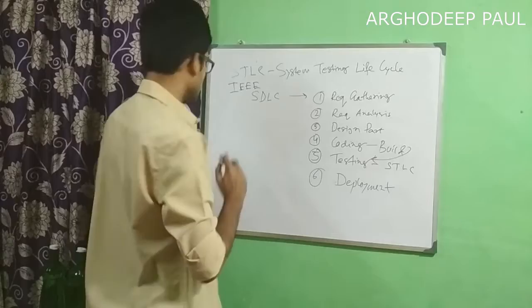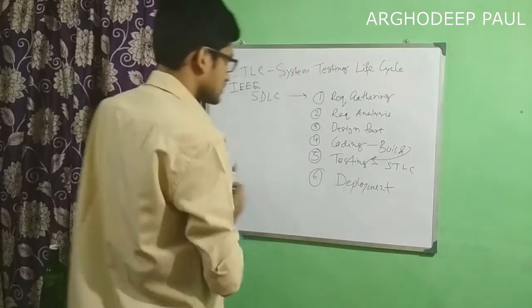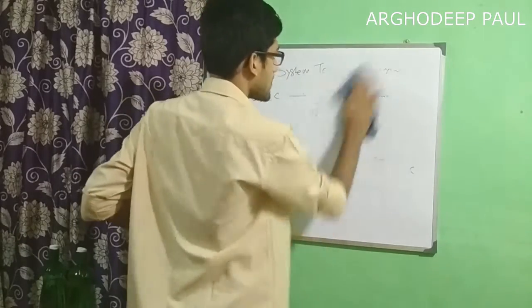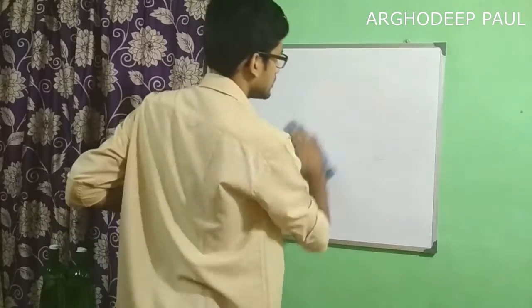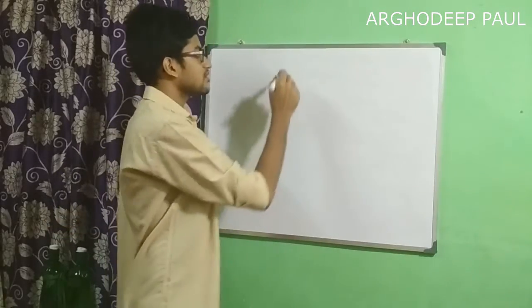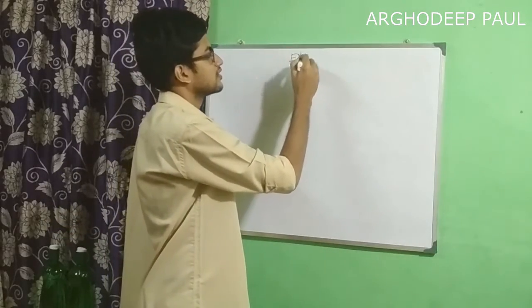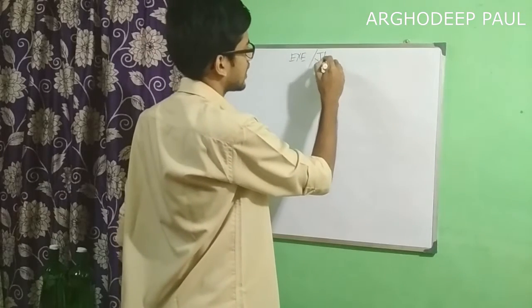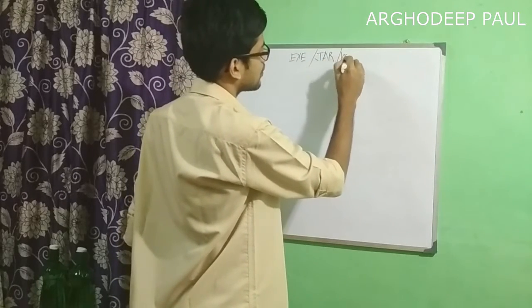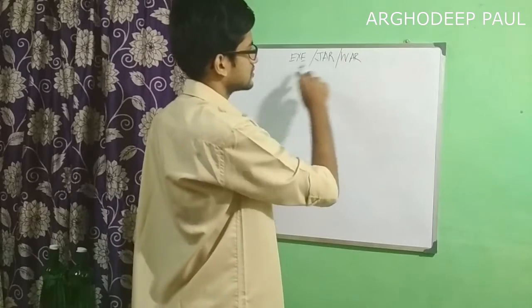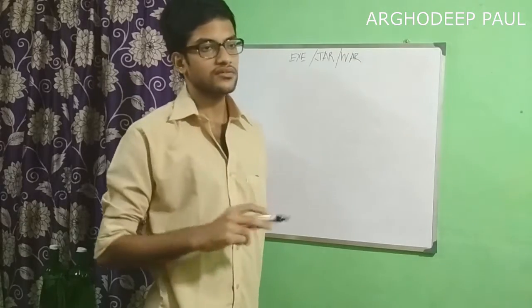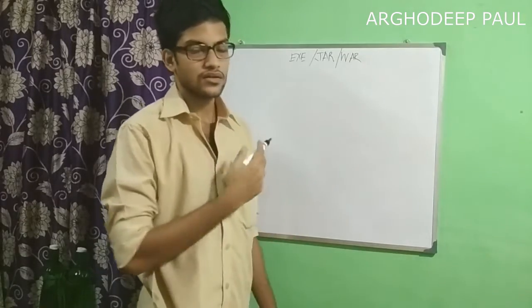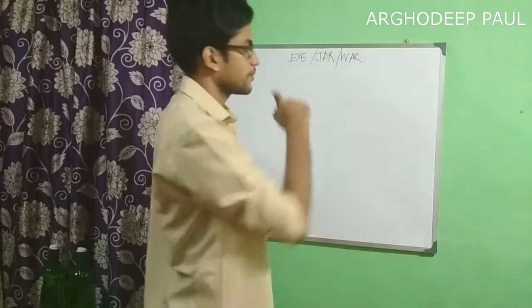First, let me clear the board. Let's say you have the exe file or a Java archive or a web archive. So this is the build file you have by now from the development team or coding team.